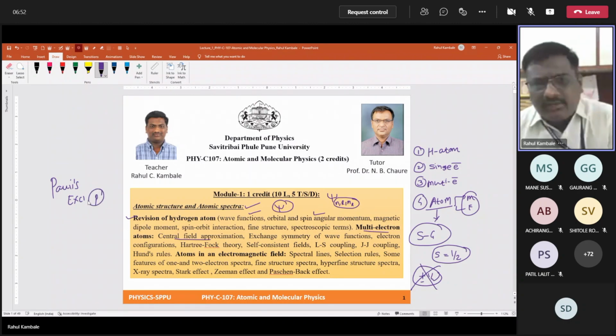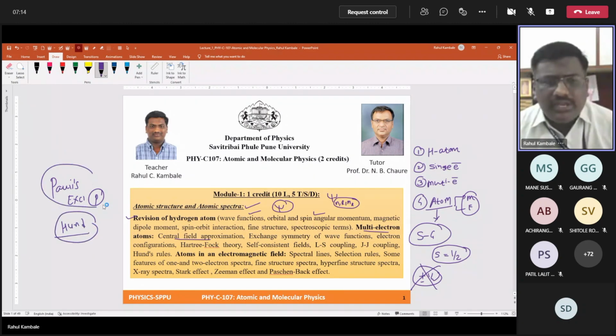So students, being physicists, we should always respect this Pauli, because Pauli's exclusion principle you may find everywhere. And depending upon Pauli's exclusion principle and another person as far as atomic physics, that is Hund, both have given very good insights to this atomic physics or molecular physics or whole physics.